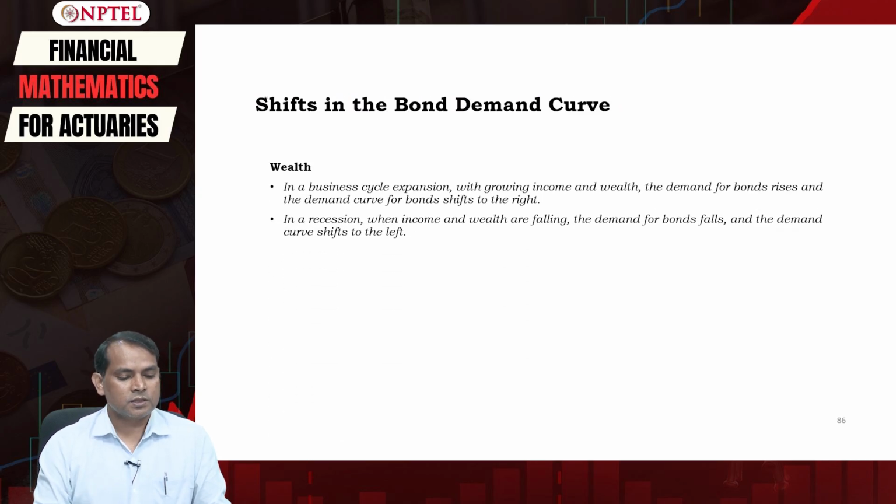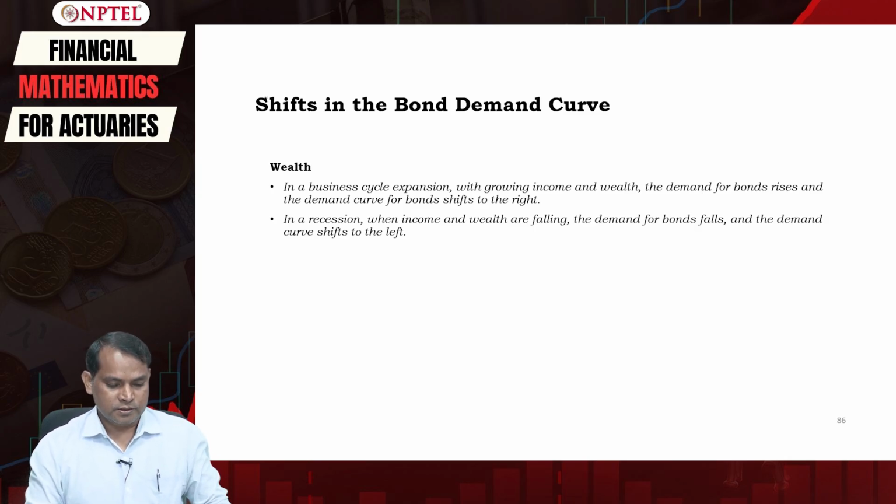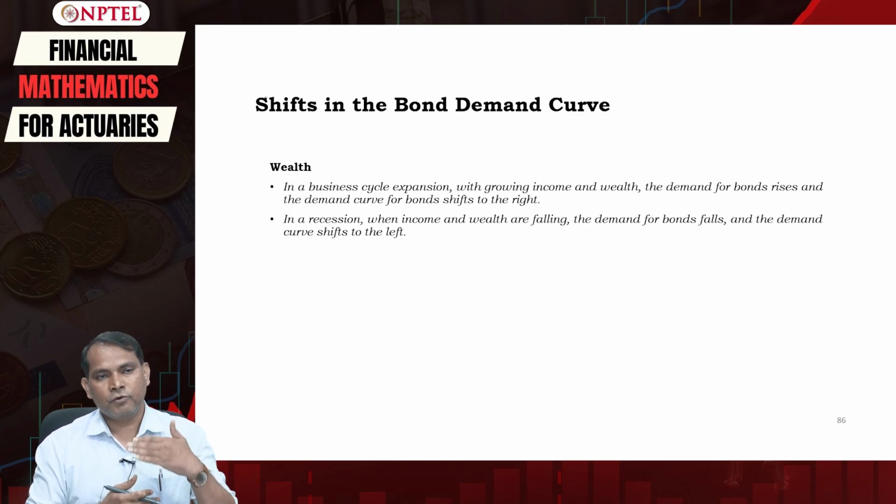So let us understand the shift in the bond demand curve. Let's understand wealth, how wealth will actually influence the demand for the bond. In a business cycle's expansion, I believe you have understood the business cycle. The business cycle simply means a periodic fluctuation of economic activity. We have four phases in the business cycle.